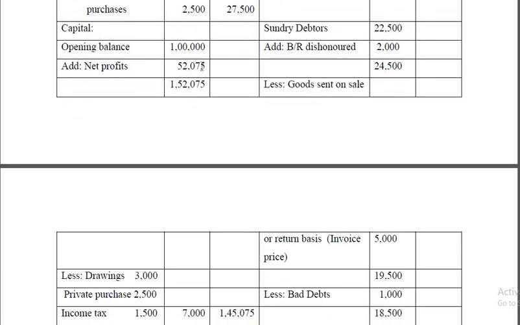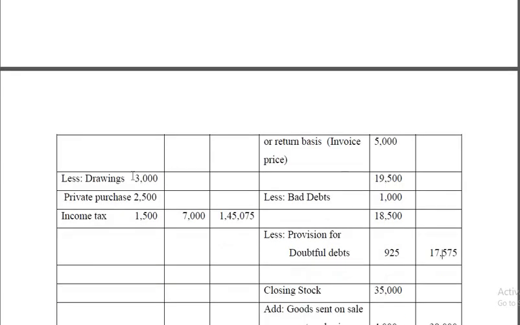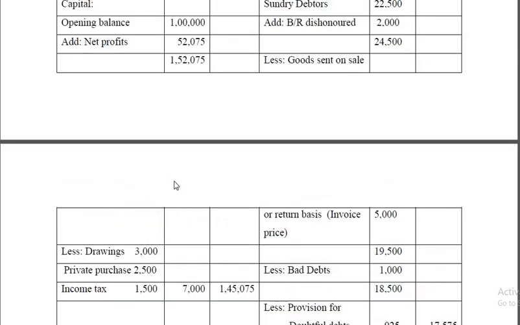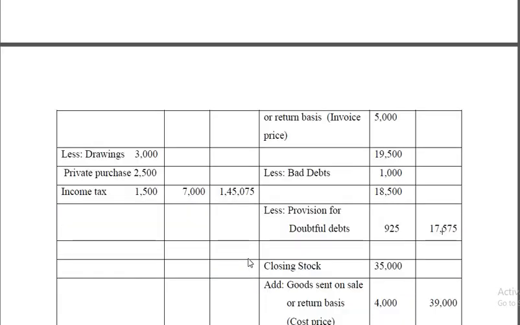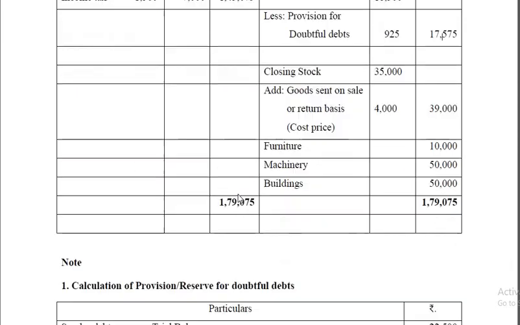Net profits of 52,075. Drawings already given in the trial balance 3,000. To that additional drawings, that is private purchase 2,500, and even income tax is taken as drawings. So total 7,000 is deducted from this value. So net capital is 45,075.